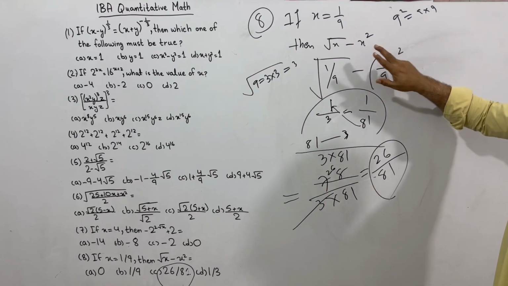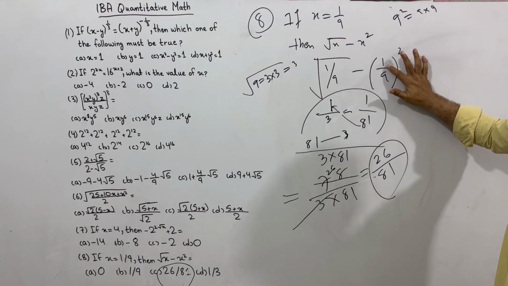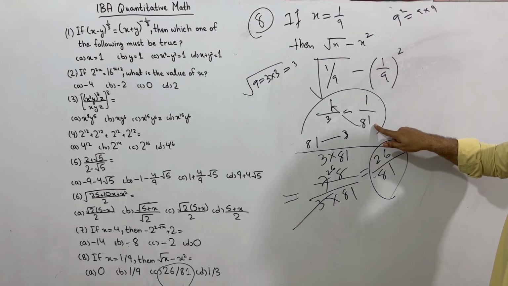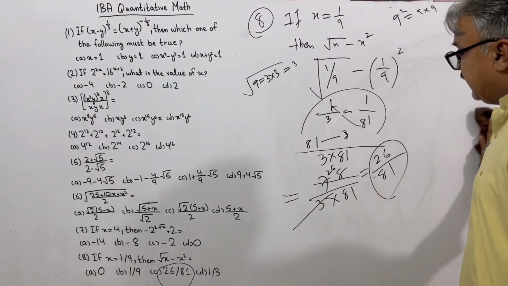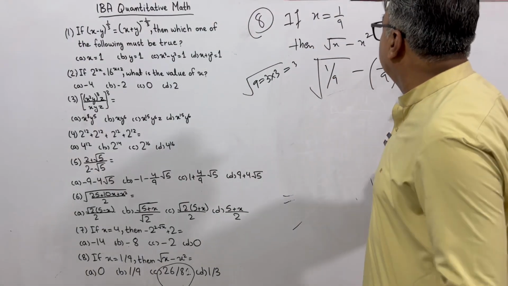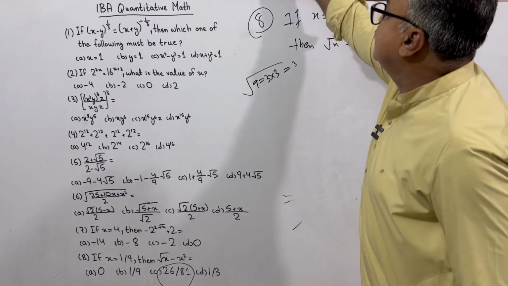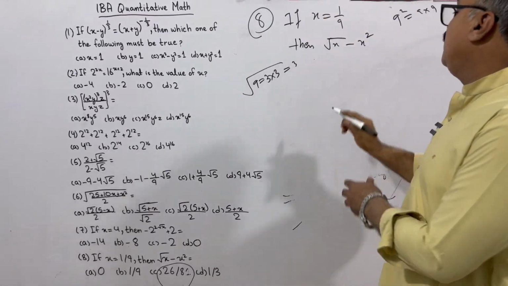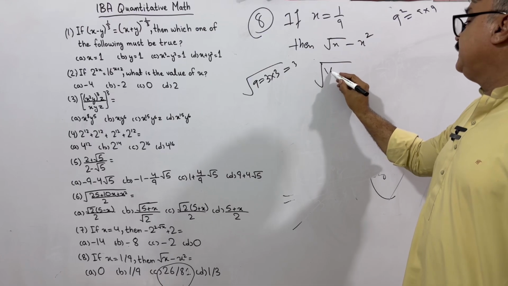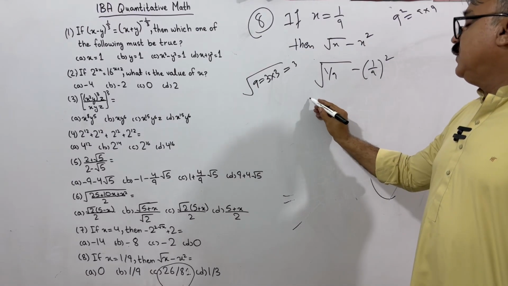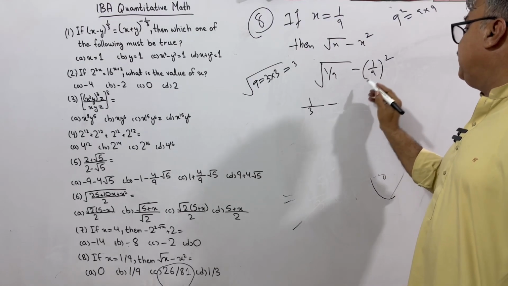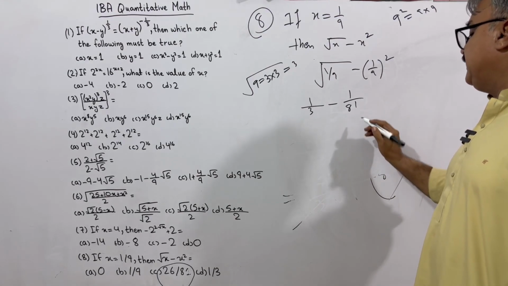Square of 1 is 1, and 9 times 9 is 81. Then simply taking LCM again to give you a good view. Root of 1 is 1, root of 9 is 3, square of 1 is 1, square of 9 is 81.